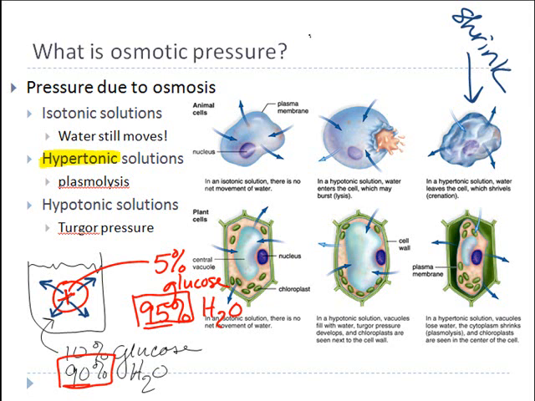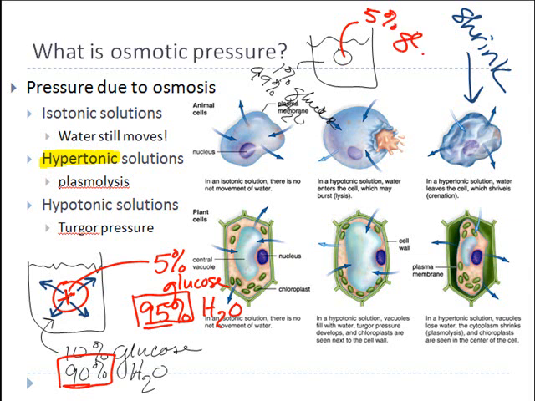On the other hand, if I were to place my cell into a solution that was 1% glucose and 99% water, and here's my cell again, that's 5% glucose and 95% water. Again, we have a scenario where the concentration of glucose inside the cell is not the same as the concentration of glucose outside the cell.